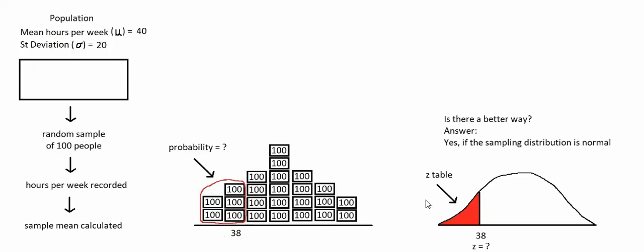Because if the sampling distribution is normal, then the probabilities follow the z-score, right? And they can just be looked up in the z-table.